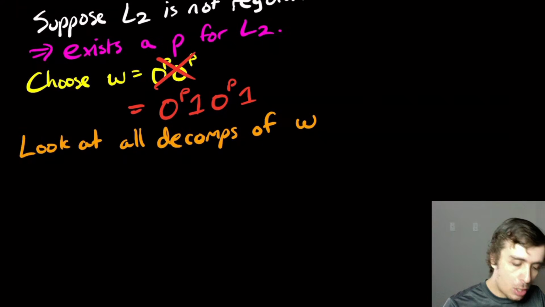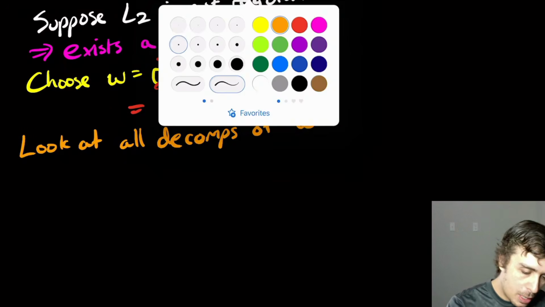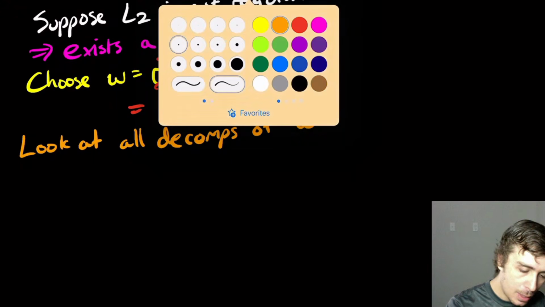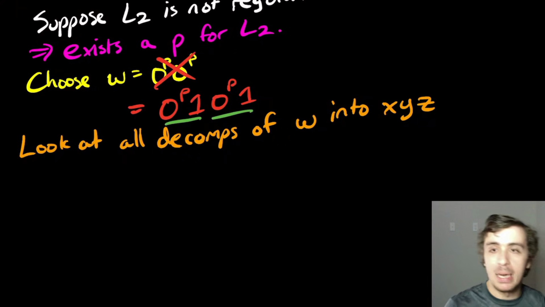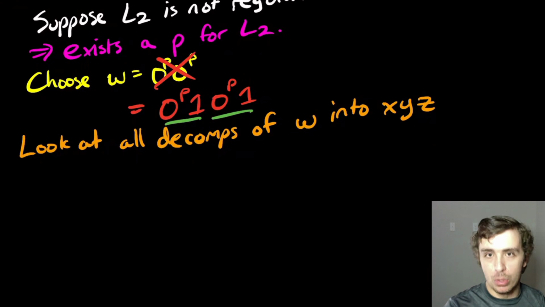Okay, so look at all decompositions of this specific string where the two halves are identical to each other. We want to break them up into those three parts, x, y, and z, according to the rules. Here, xy has length at most p. That's one of the rules. Since that's the start of the string, they must only contain zeros, because the start of the string has p zeros in it.